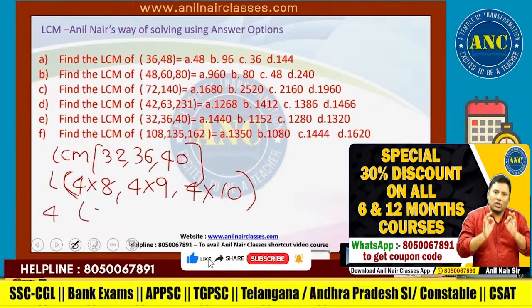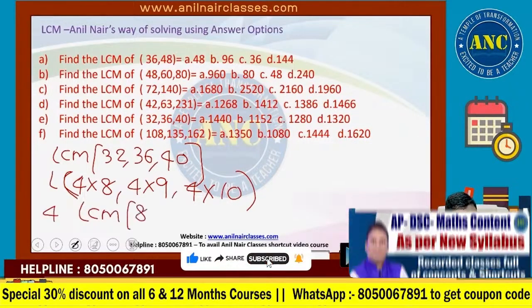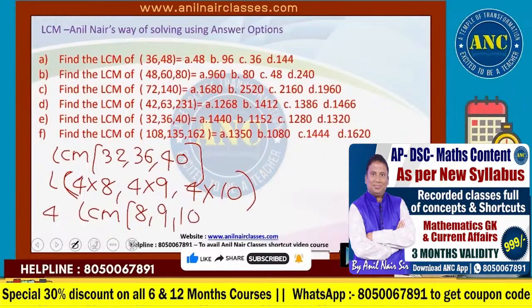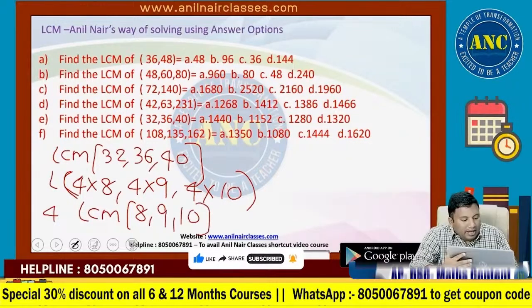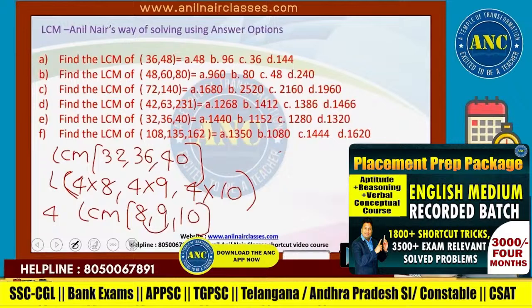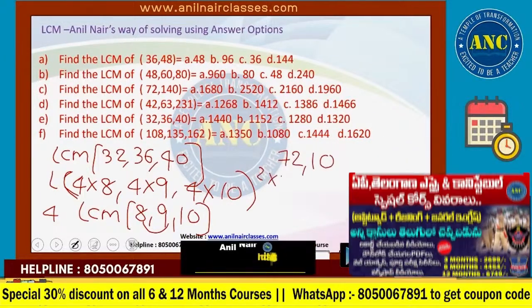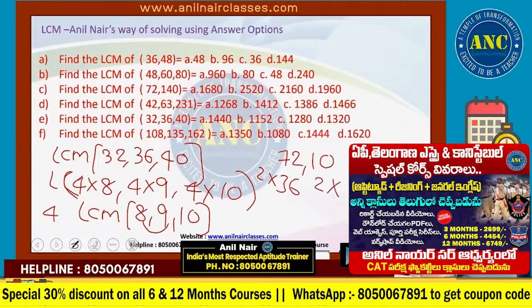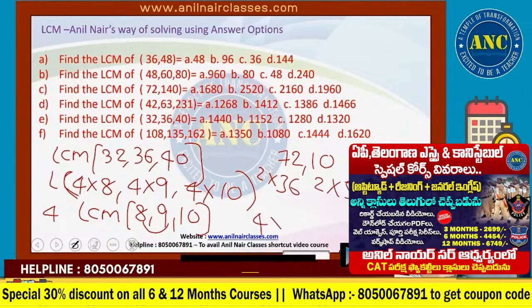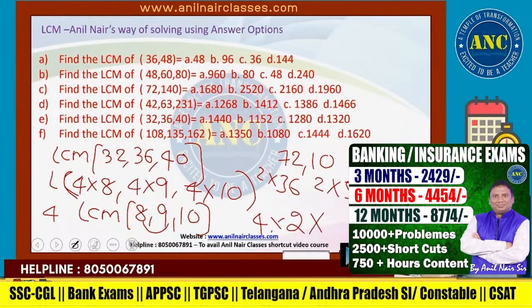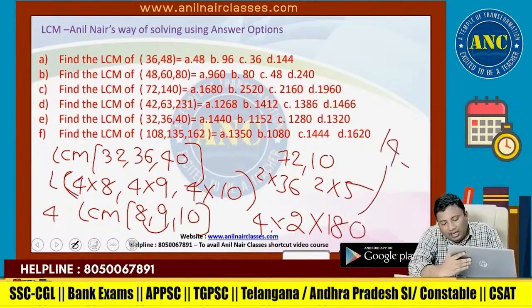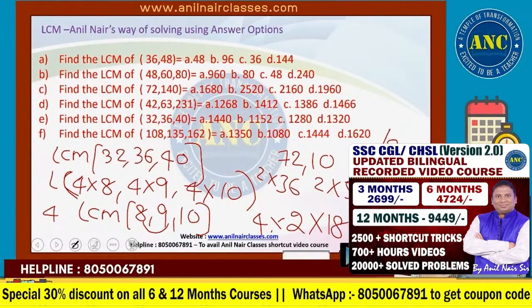LCM of 8, 9 and 10. 8 and 9 LCM is 72. 72 and 10: 2 into 36, 2 into 5. 2 will also go away. 36 5s are 180. 8 into 180 is 1440.